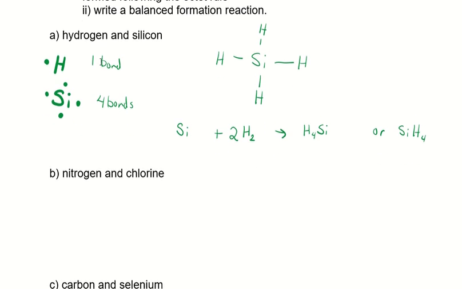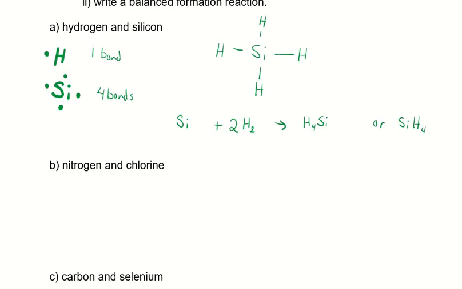Moving on to example 2, we have nitrogen and chlorine. Same thing, we look up each atom. Nitrogen has 5 valence electrons because it's in group 15. Chlorine has 7.